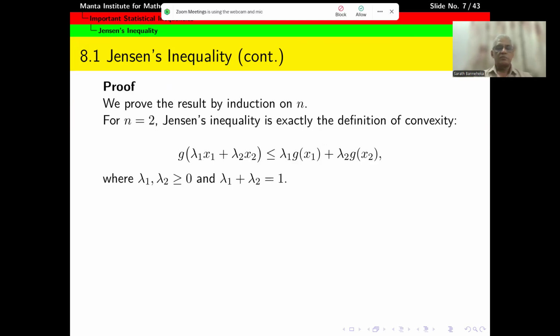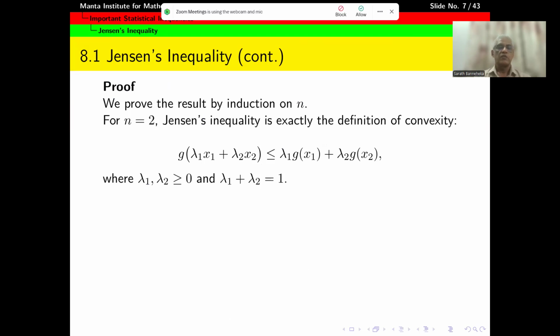Just for interest, let's look at the proof of that mathematical inequality. We can prove this by induction. Let's look at the situation where n equals 2, because we have to have at least n equal to 2.